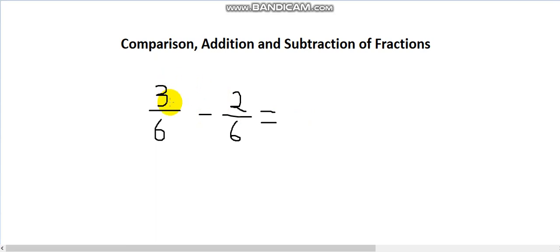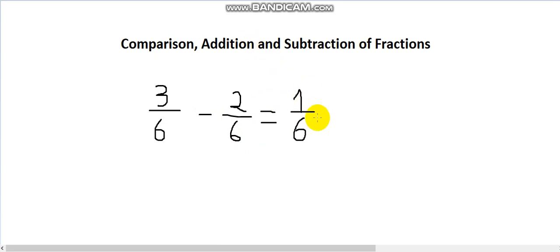I would subtract only the numerators, because the denominators are the same, so I can do the subtraction. So 3 take away 2 makes 1, and the denominator stays the same as the previous fractions, so 6. 3/6 take away 2/6 makes 1/6.